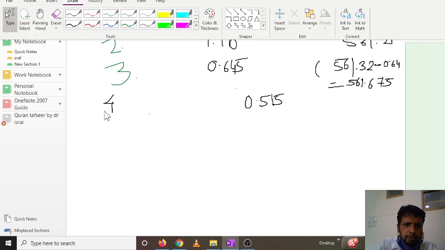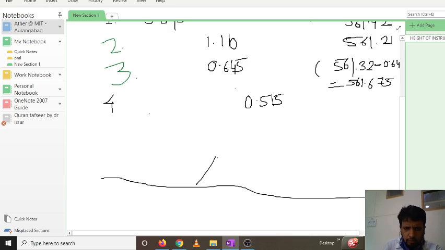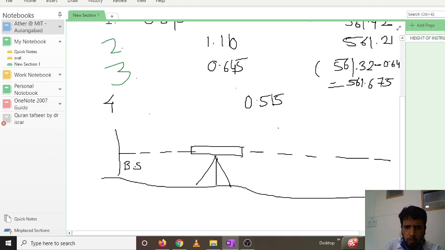If you see the diagram, this is your level, this is your backsight. This one is your first intermediate, second point here, likewise third point, and finally, it is not a proportional diagram.